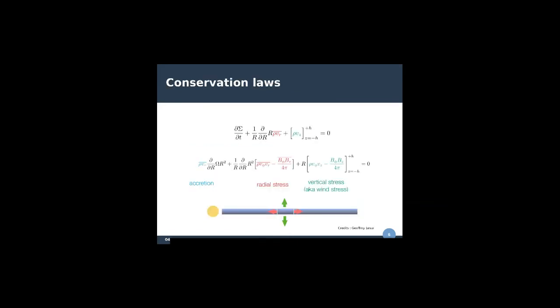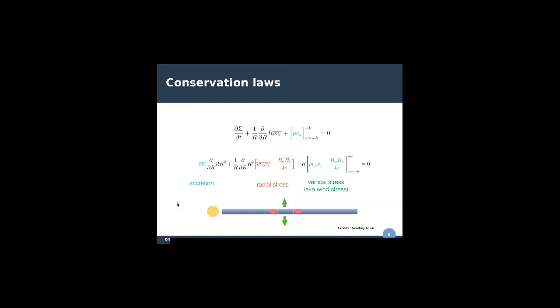Just to give you some equations to explain what I've just said, if I write the conservation of mass here, you can see, so sigma again is the surface density, and what's written in red corresponds to the radial stress, so the transport in the radial direction, and in green is the vertical one. So the first line is a conservation of mass, and the second line is a conservation of angular momentum.